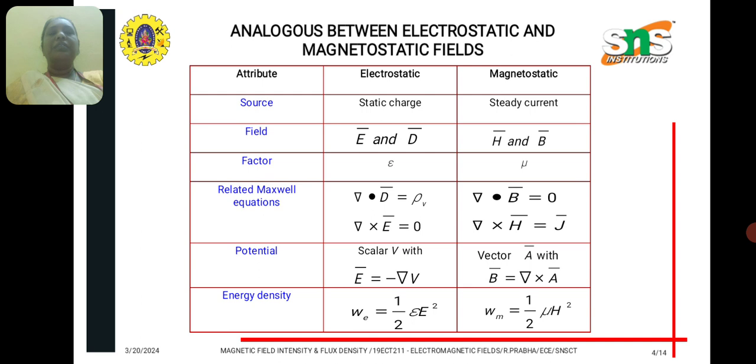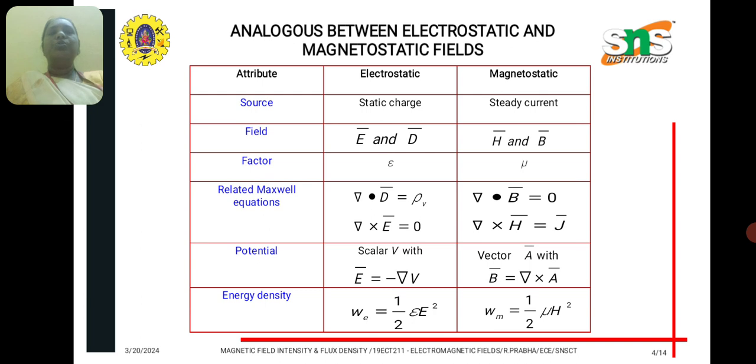In electrostatics, we have the electric field intensity E, and the flux density or displacement density vector D. In magnetostatics, the field is called the magnetic field H, and the flux density is the magnetic flux density, denoted by B vector. The field quantities have both direction and magnitude, so the field intensity and flux density in both electrostatics and magnetostatics are vectors.